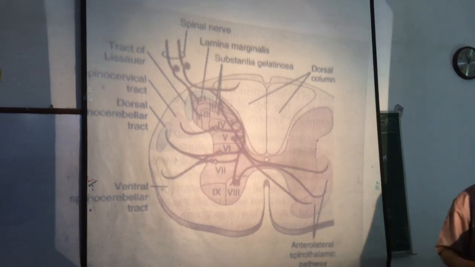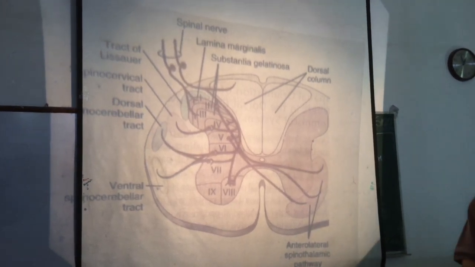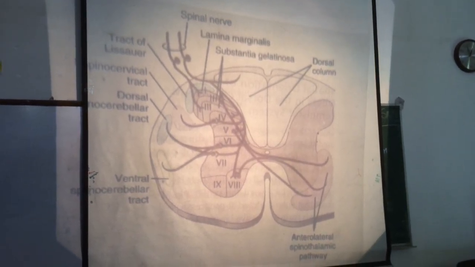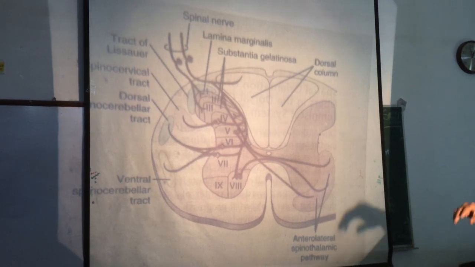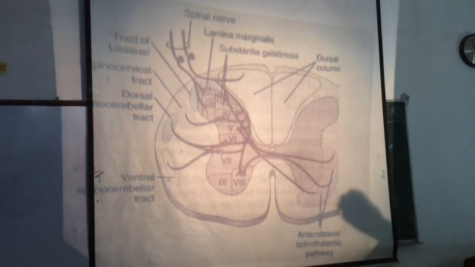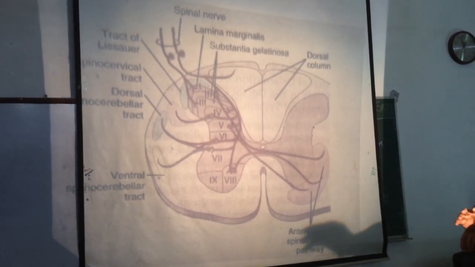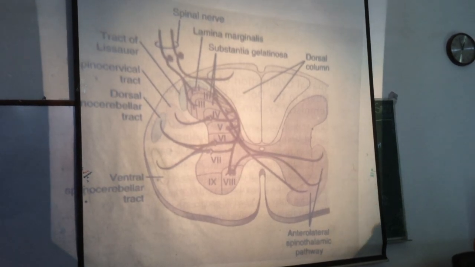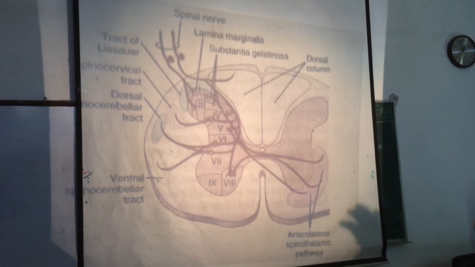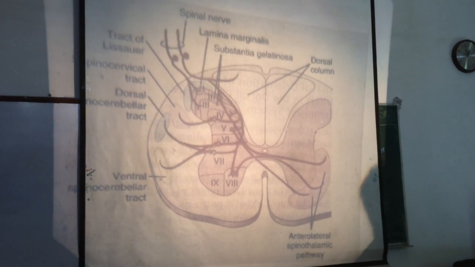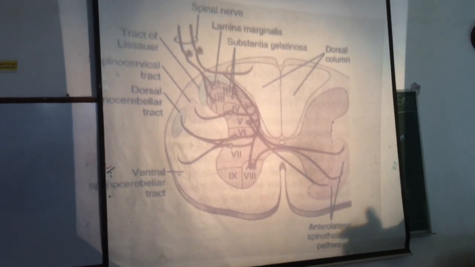This group is also present in the segments from T1 to L2, L3. So these are the four groups of neurons present in the posterior gray column: substantia gelatinosa, nucleus proprius, Clark's column or nucleus dorsalis, and the visceral afferent nucleus.